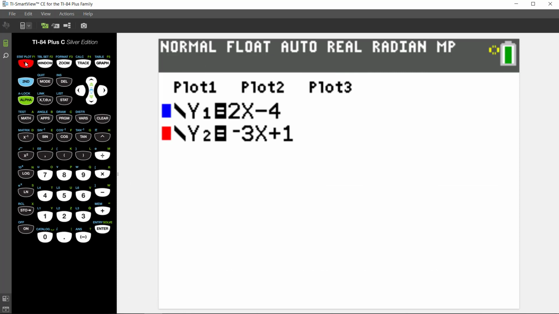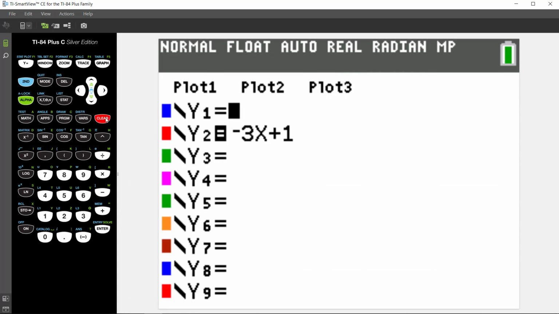I'm going to graph both these lines, one in y1, the other one in y2. The first one's 2x plus 6. And then the second one is negative x minus 3.